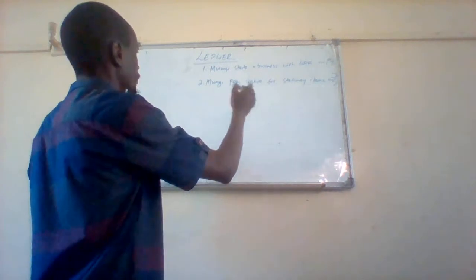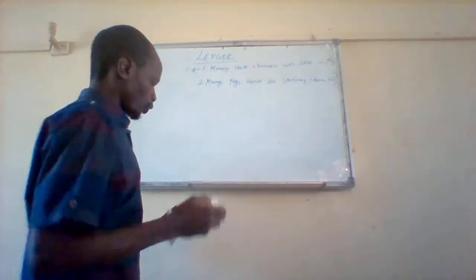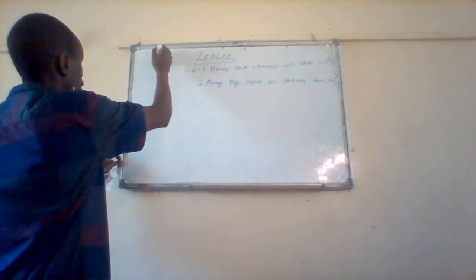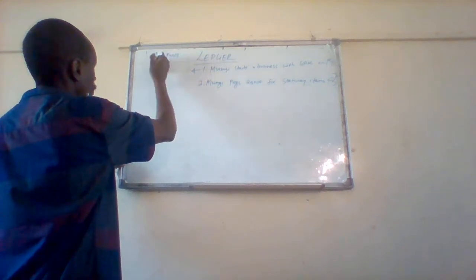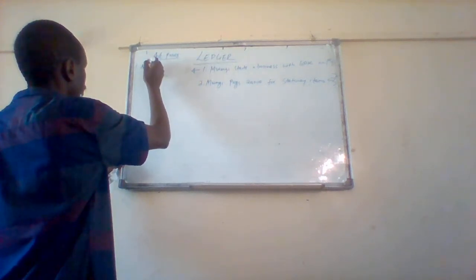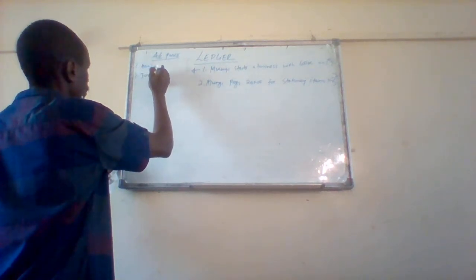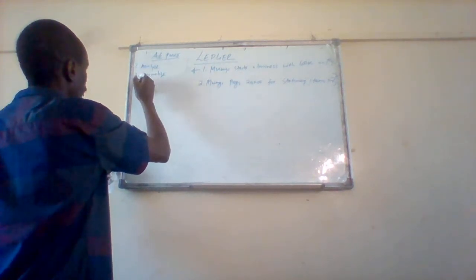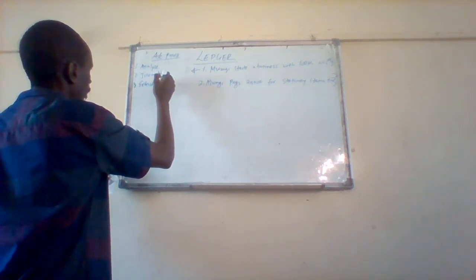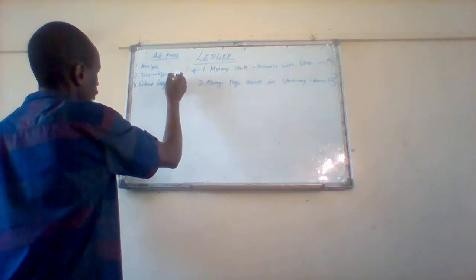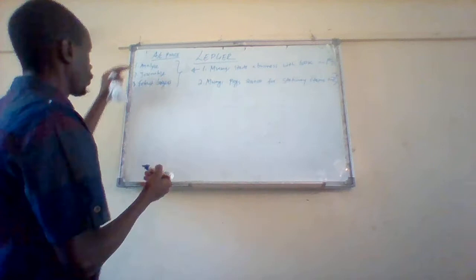Now the first one, how will we? So the accounting process is that with analyzing, then you journalize, then you extract ledger accounts, extract ledgers. Ledgers are the pages like I said. So this is the accounting process so far.